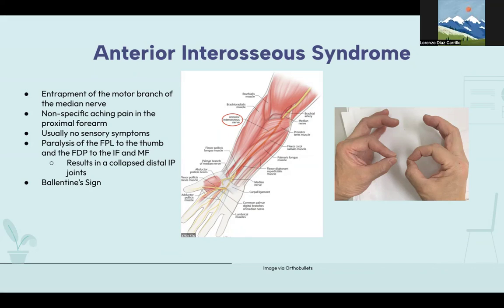But knowing this can help you think about proximal compression of the median nerve if the patient has symptoms similar to CTS. Just hold on to that thought: patients with AIN and pronator syndrome will test negative on the Tinel sign and other common carpal tunnel syndrome tests, even though they're experiencing other similar symptoms.